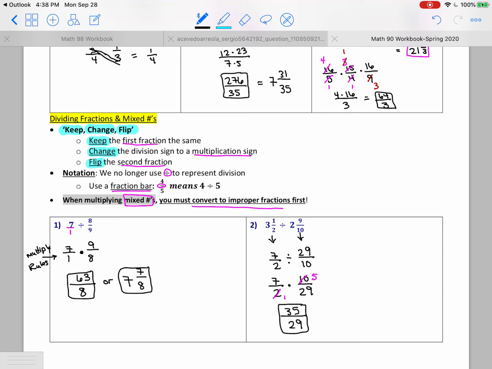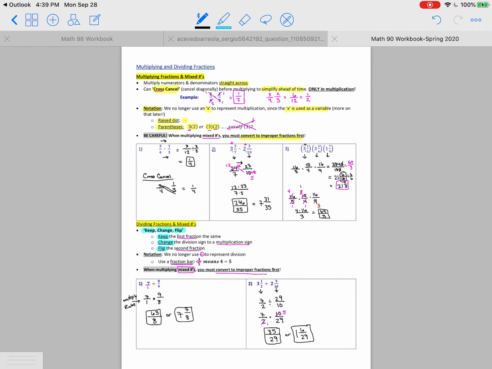And I can see that there are no common factors here, so that is fine as an improper fraction, or I know that 29 goes into 35 one time, leaving 6 left over. So 1 6/29 is the same value as 35/29.